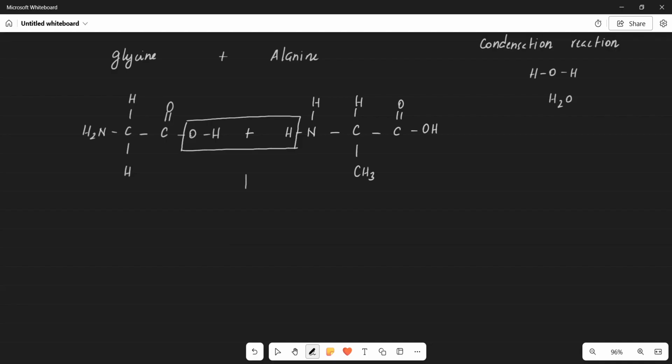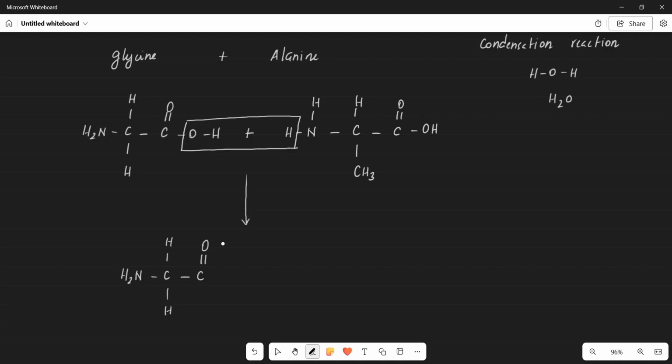So now when I want to write the product, how do I write it? I am going to remove this box and connect the remaining parts. I have H2N, C, H, H, the NH2 here, C here, hydrogen, hydrogen, then C double bond O, that's there.